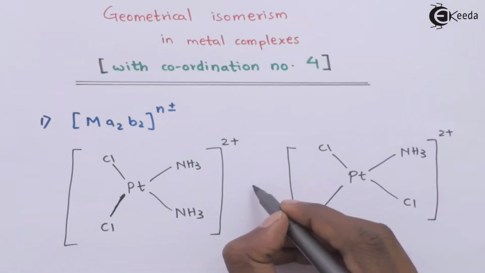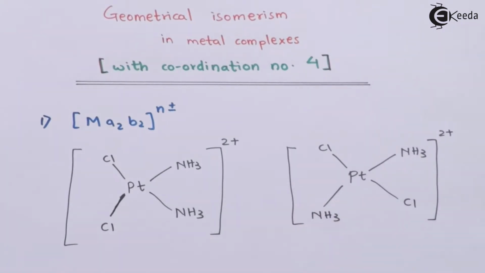But what is the difference between these two? The difference is the spatial arrangement of the ligands. In the first, the NH3 is present adjacent to the other NH3, and the Cl is also adjacent to the other Cl. But in the second, this NH3 is present opposite to the other NH3, and the Cl is present opposite to the other Cl.